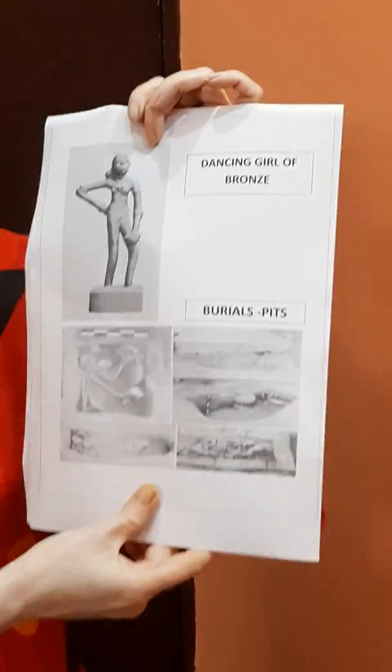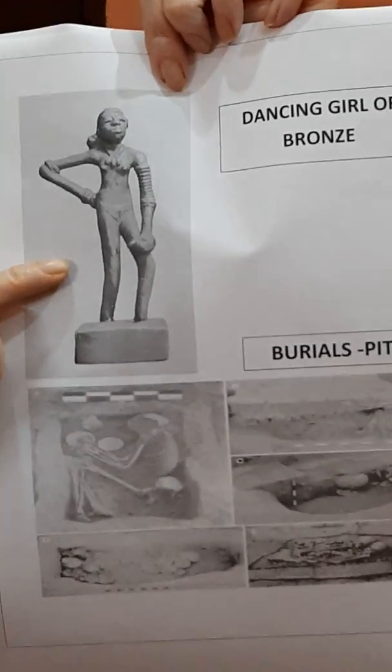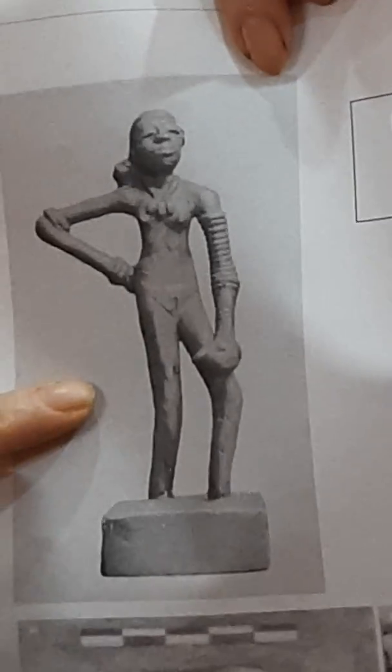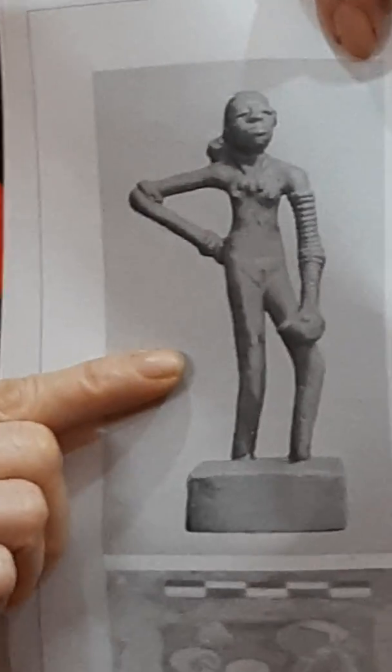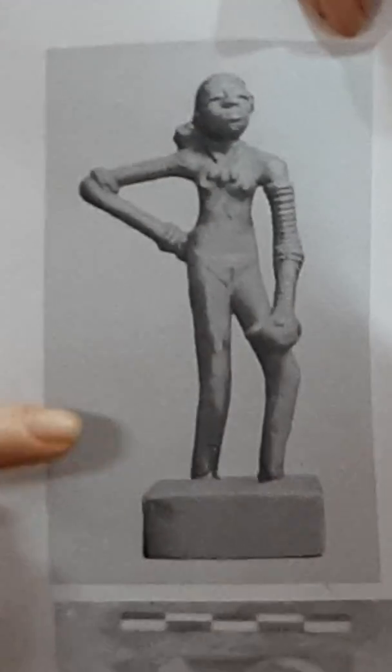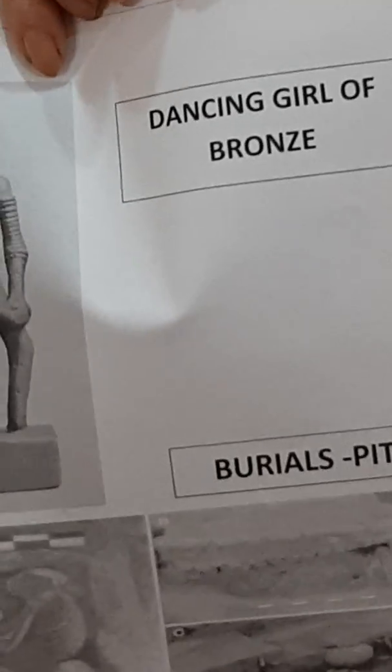Another thing you can find in this picture is the dancing girl, which is made of bronze. Sometimes we call the Harappan civilization a Bronze Age civilization because at this period the main metal used by these people was bronze.